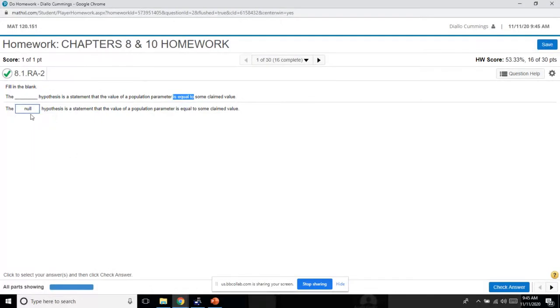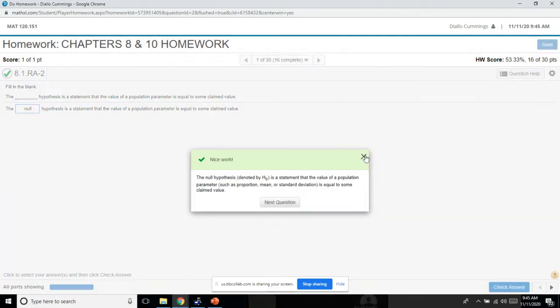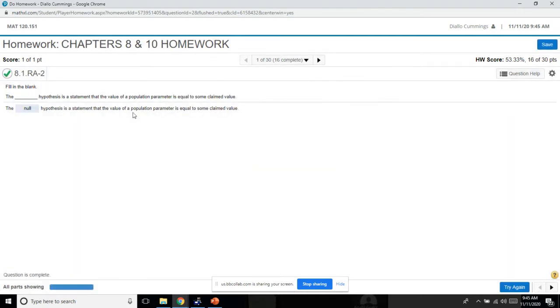From the definition we're given, that would be the null hypothesis. Keep in mind that the null hypothesis is always equal to some claim value.